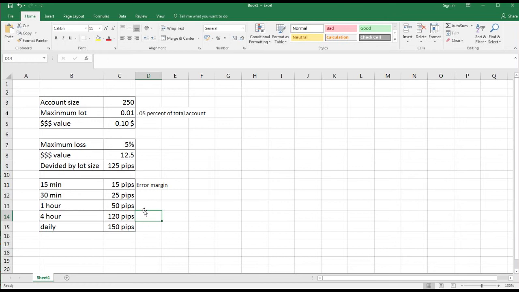But basically what I'm saying is, on the 4 hourly trade, I would have to reach my maximum risk exposure to see if the trade is going wrong or not. And on the daily, I'd have to wait till it pushes 150 pips before I actually see it's wrong or not.